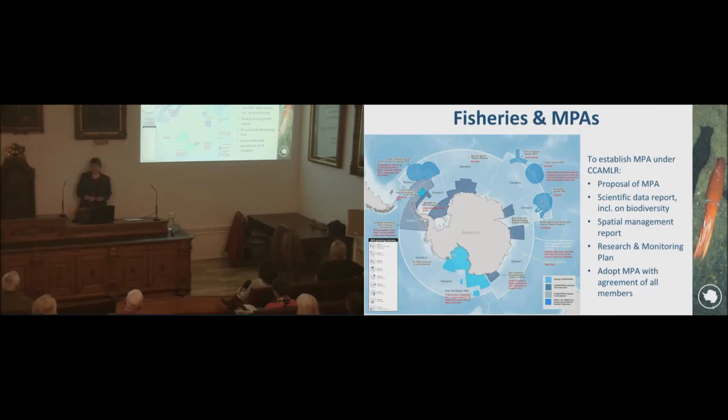You need to produce a scientific report, including a report on the biodiversity, a spatial management report, and a research and monitoring plan. Then that proposed MPA needs to be agreed by all members. In recent years, the proposed MPAs for the Antarctic Peninsula, the Weddell Sea, and the East Antarctic have not been agreed, because there are three pushing countries in the world that are very interested in getting the fisheries in and harvesting the toothfish.